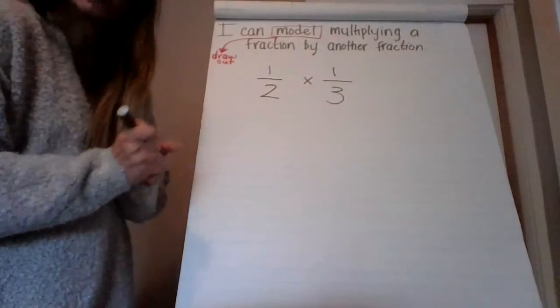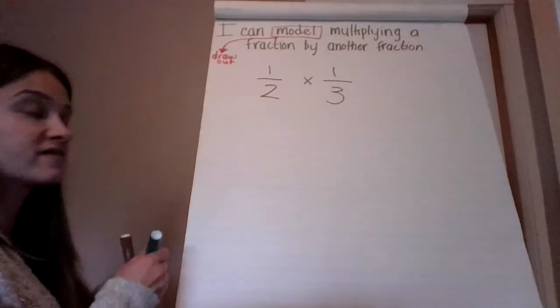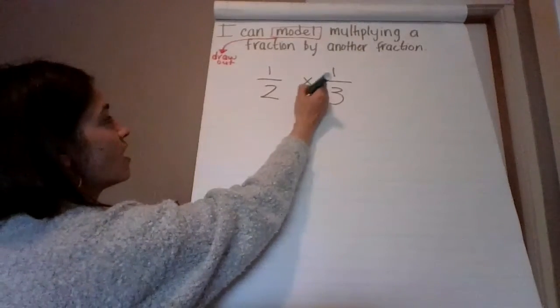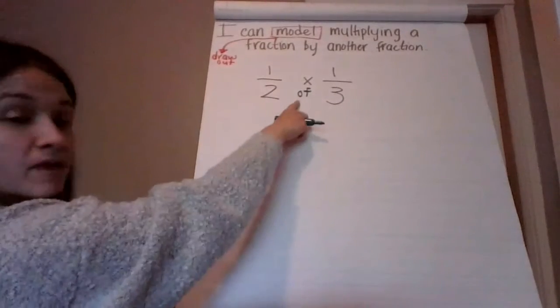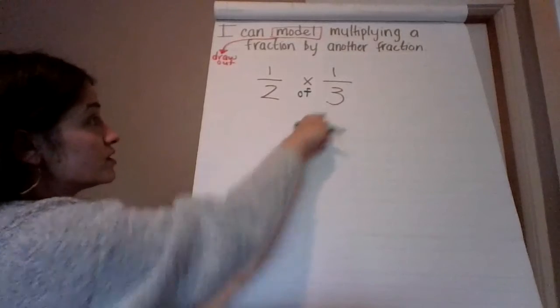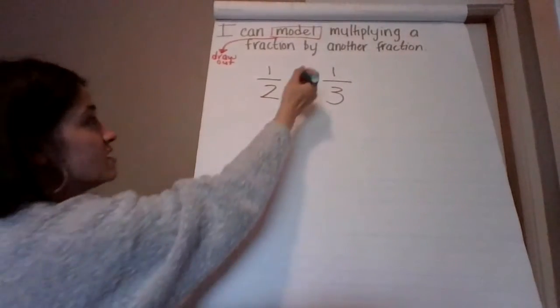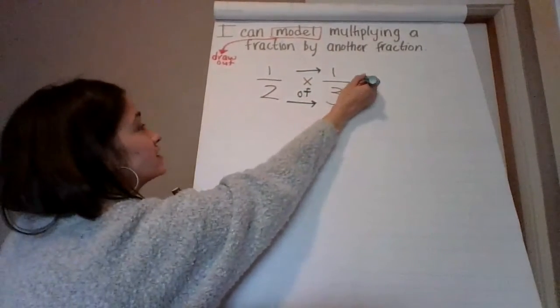All right, fifth graders, do you remember how we talked about last week that multiply also means of? Keep that in mind for now because we're going to be looking for 1/2 of 1/3. Now let's solve using the shortcut, just like we learned in the past two days, how we multiply straight across to get our answer.